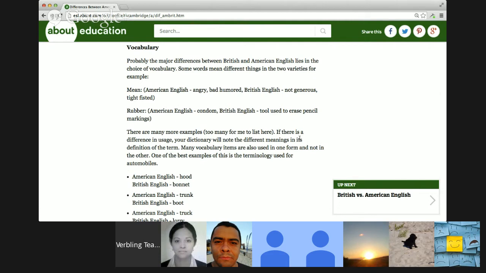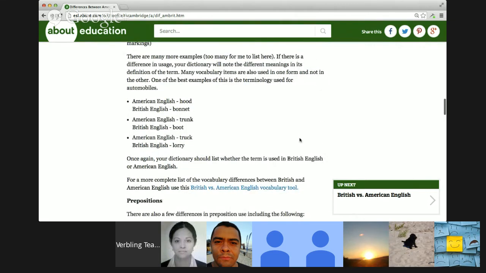Many vocabulary items are also used in one form and not in the other. One of the best examples of this is the terminology used for automobiles. American English, hood; British English, bonnet. American English, trunk; British English, boot.